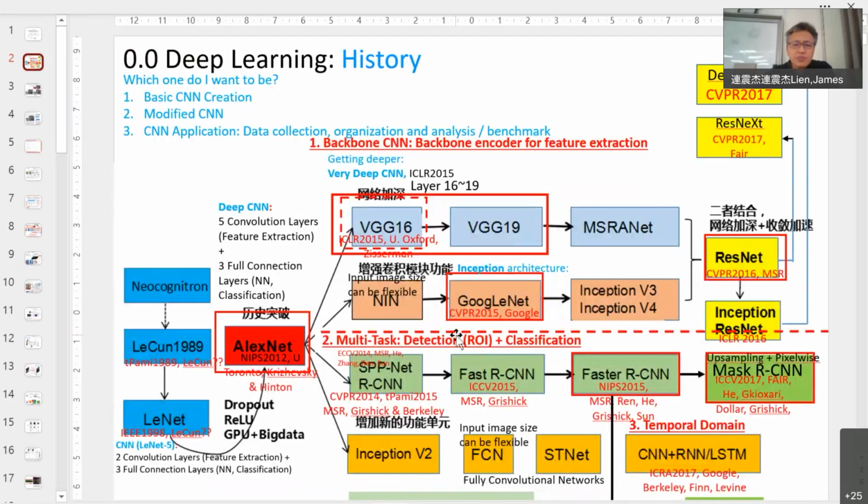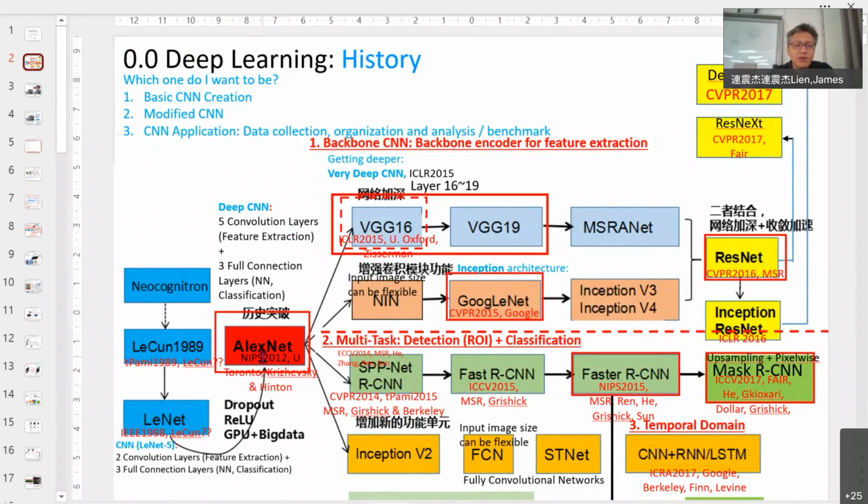That's meaning from here up to here, the backbone. So we already finished the AlexNet, VGG, and ResNet, and also talked about the GoogleNet. The thing is, in year 2012, Hinton's group and Alex did this one.